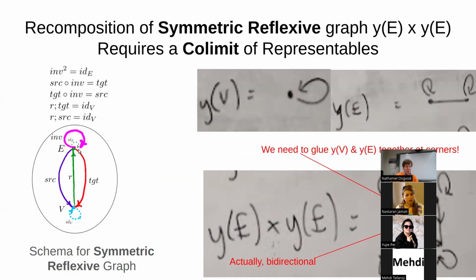For the identity one, its source is the source of the original edge, and the target is the target of the original edge. The new one to get from E to E has its source as the target of the original edge, and its target as the source of the original edge. So it goes back the other way. So there's two E's and there's two V's.